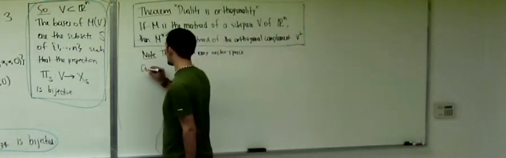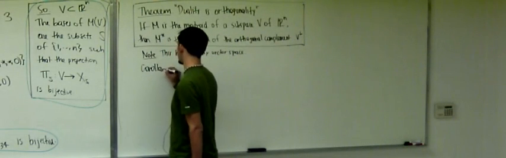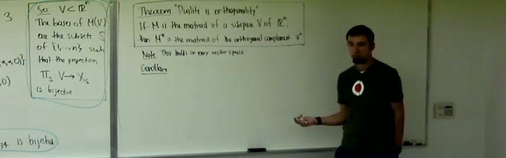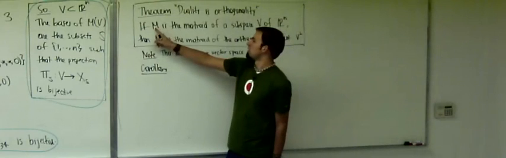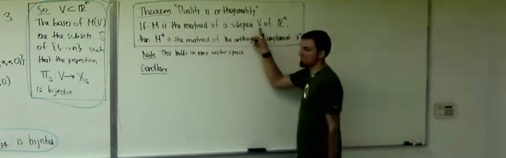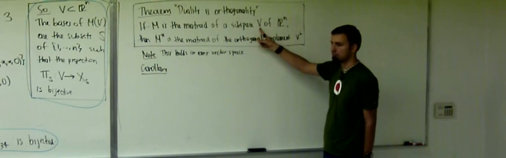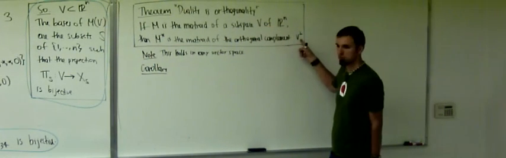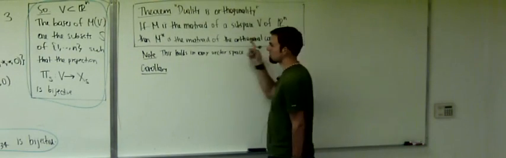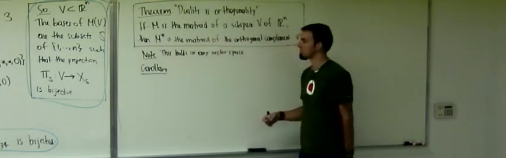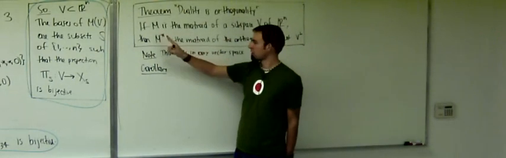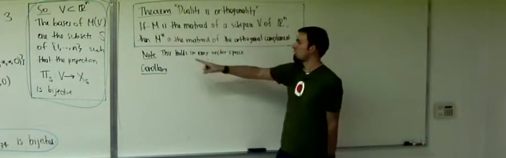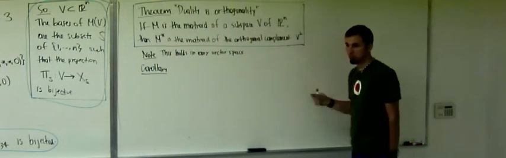What is a corollary of this theorem? The corollary is that if you have any linear matroid, then that linear matroid is going to come from some subspace of some vector space. And that subspace is going to have a dual, and it's going to be represented by the dual matroid. In other words, if a matroid is linear, then the dual is also linear. Because if the matroid is represented by V, then the dual is represented by V perp. Okay.